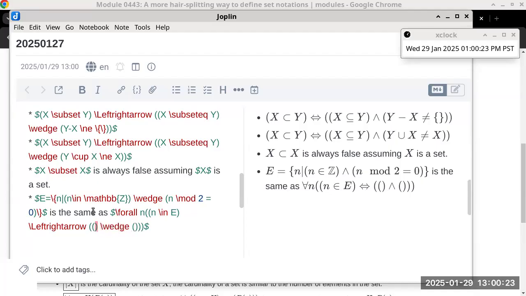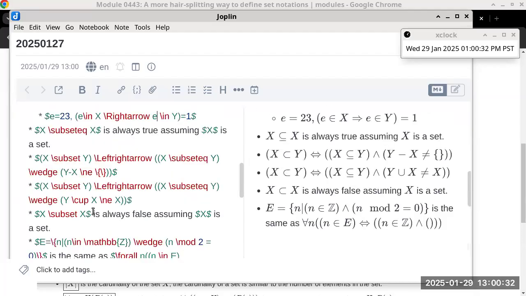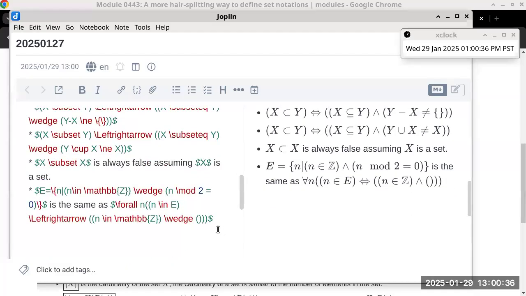I can just copy and paste, but I'm just going to type here, n is an element in the set of all integers, and, whoops, just pressed the wrong key. I apologize for all the unnecessary scrolling, and then we just have the usual n mod 2 equals 0. Yep, okay.